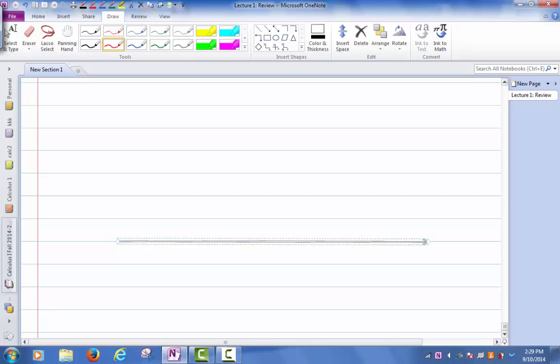Okay, once again, let's say I have the graph of x squared. So when x is 1, the value is 1. When x is 2, the value is 4. So 1, 2, 3, 4 right here.